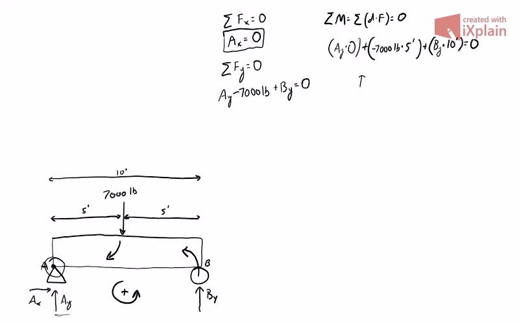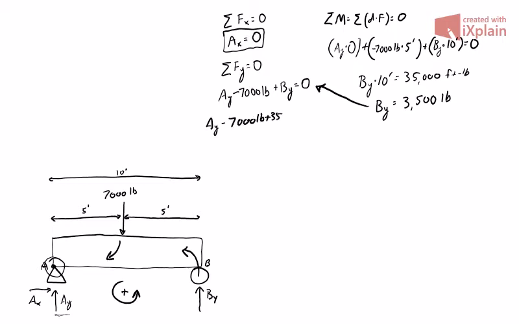All right, so we have By times 10 feet is equal to 35,000 foot-pounds, and therefore By is equal to 3,500 pounds. So we take that, we can plug it into our sum of the forces in the y direction equation, say that AY minus 7,000 pounds plus 3,500 pounds is equal to 0.